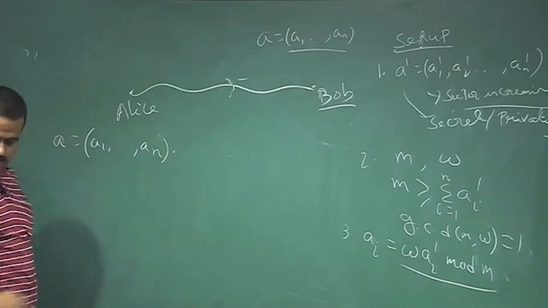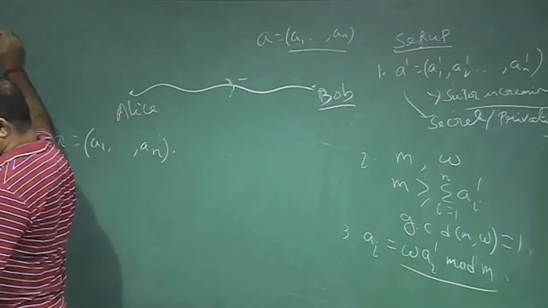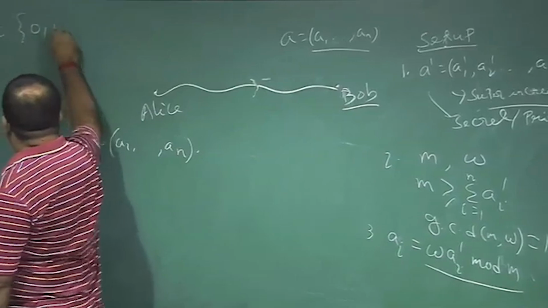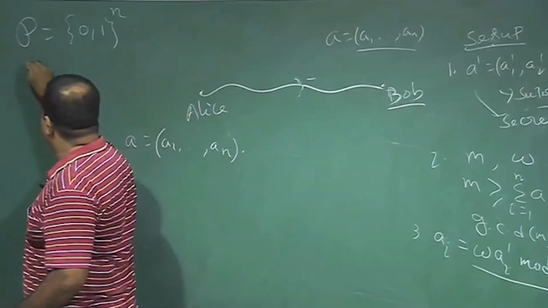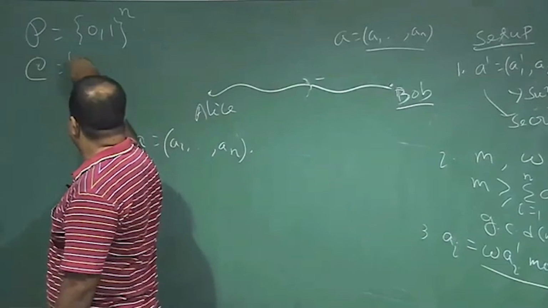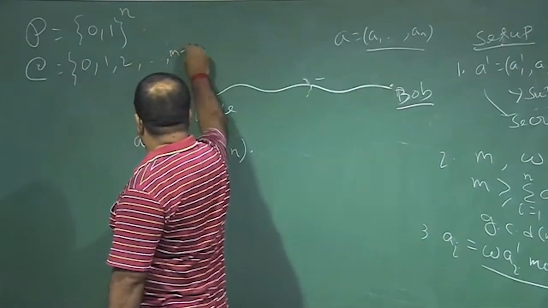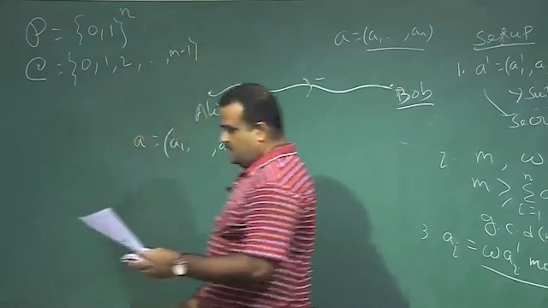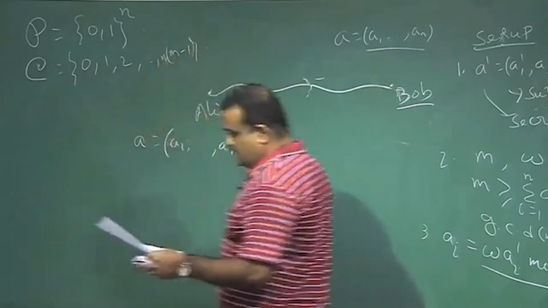Okay. Now, here the plain text space is basically n bits, and the ciphertext space is mod M, so it is a number between 0 and n times (m minus 1). Okay.